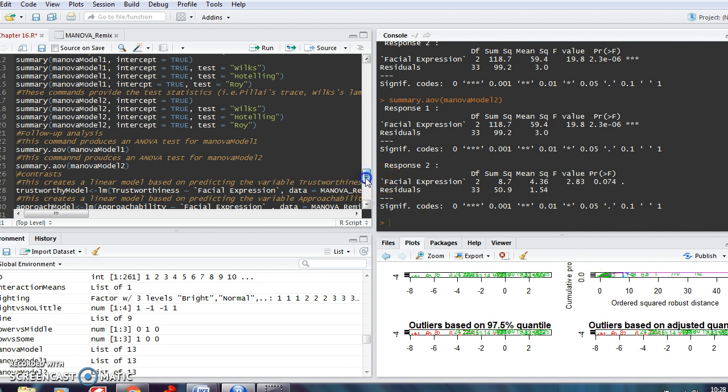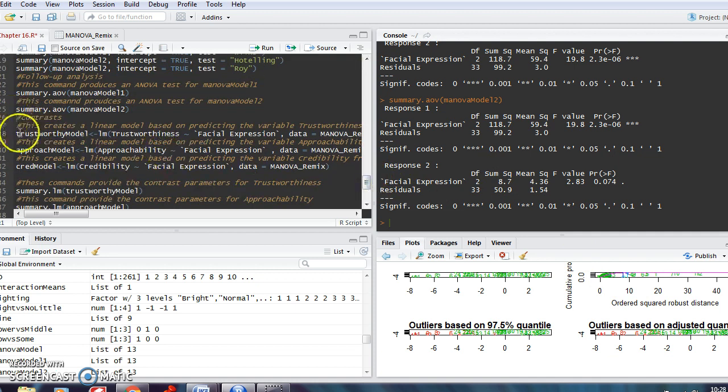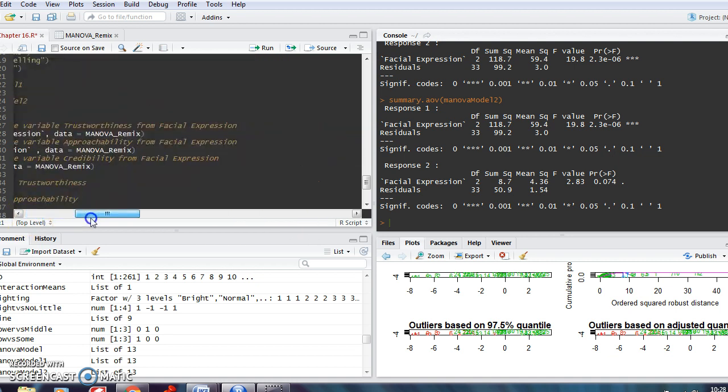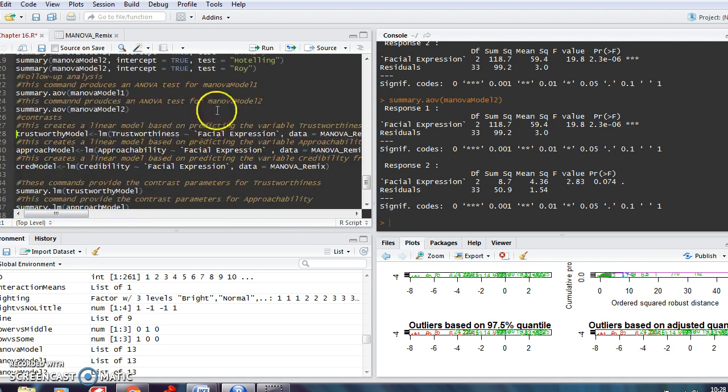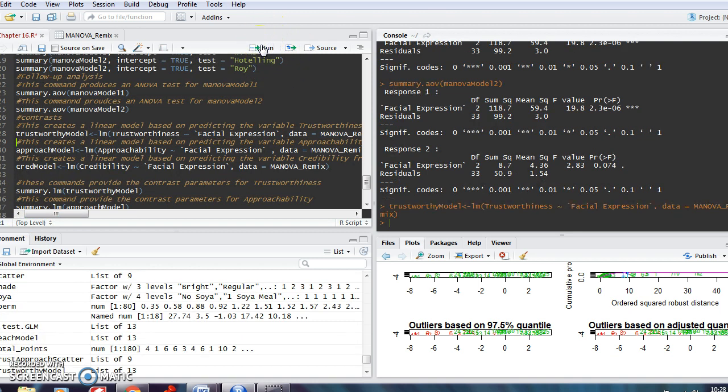So now, moving on to the contrast, we can actually create a linear model based on the predicting variable, and run our contrast or create the contrast parameters. So we're going to do a trustworthy model. That's what that command does.